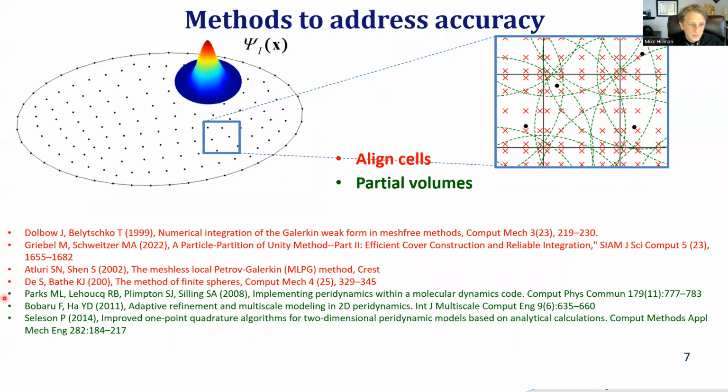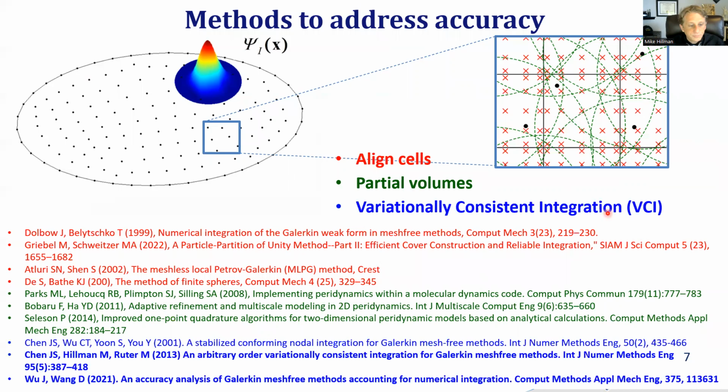In the peridynamics literature, one approach they've taken is to use the intersection of these integration cells and supports, and use partial weights depending on the degree of intersection.